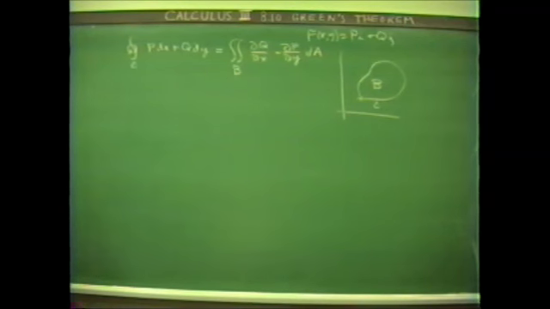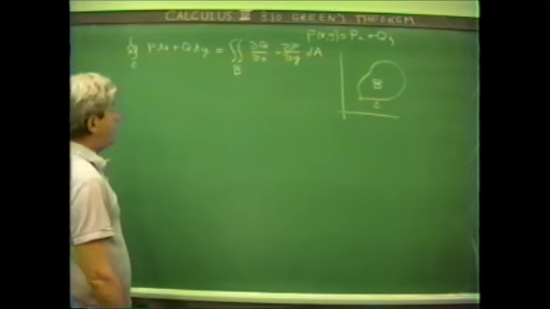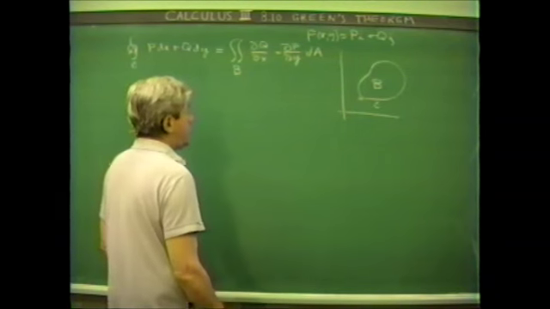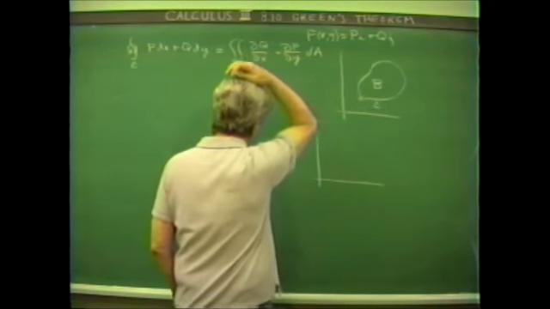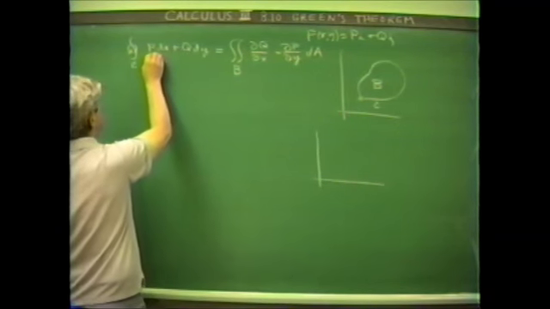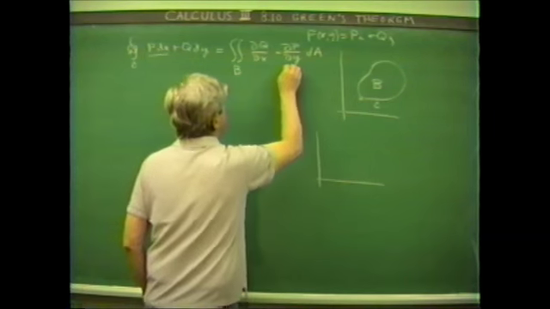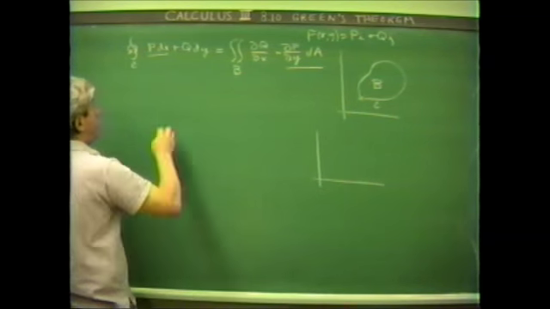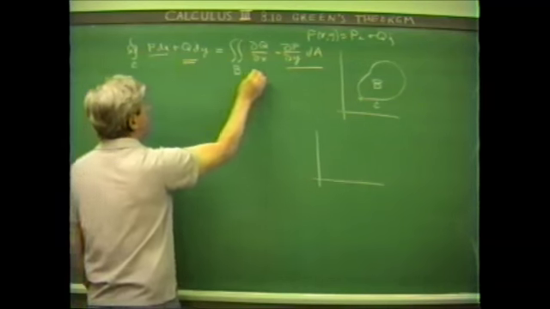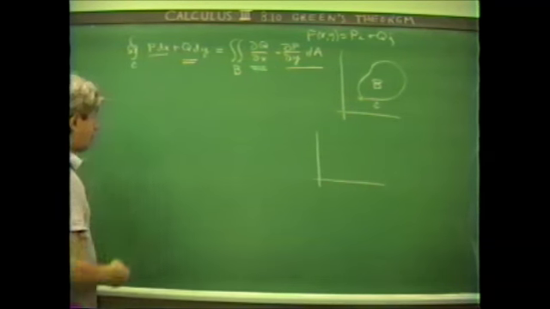All right. We want to look at this in several cases here, and the first of these is to see that this is true. What actually happens here is that this integral of p dx is this integral right here of partial p with respect to y dA, and this integral right here is this integral.